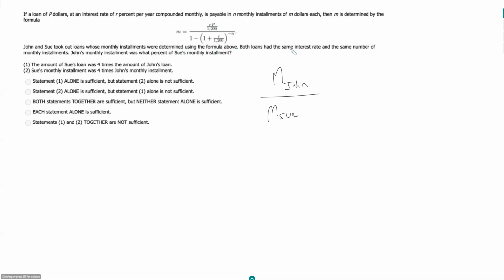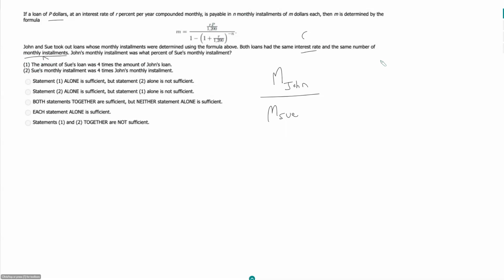They have the same interest rate, so they have the same R, and the same number of monthly installments, so the same N. So the only thing that is changing on the right side of this equation is their P, the amount of their loans. And that is the only thing that is changing their M's.